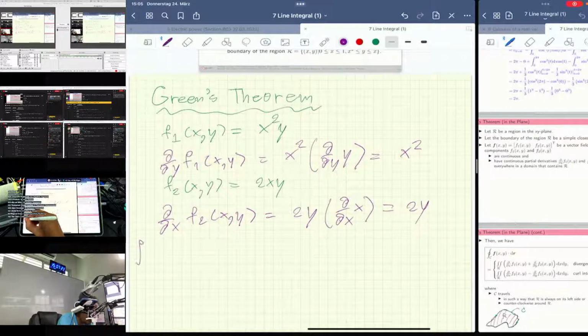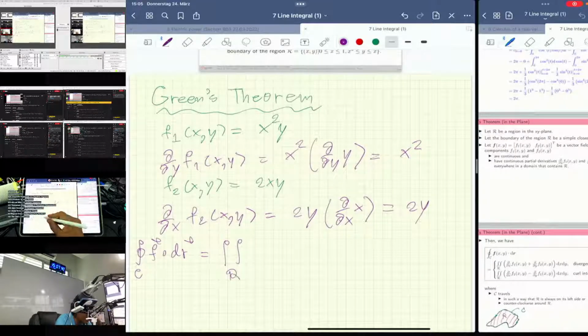So the contour integral along the path, the contour C of the vector f dot dr will be integration over the region R of this term, partial x of f2, which is 2y, minus partial y of f1, which is x squared, dx and dy, right?